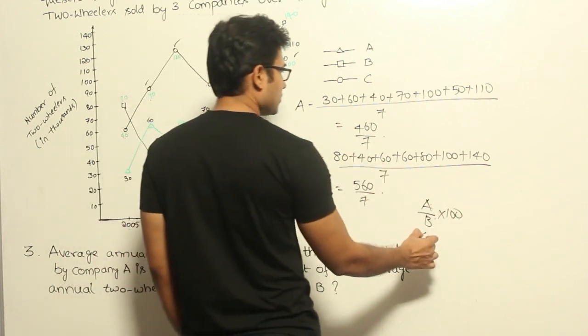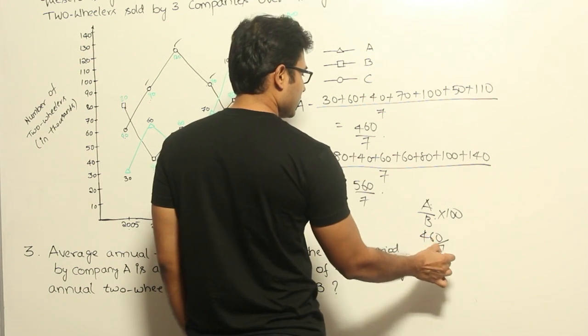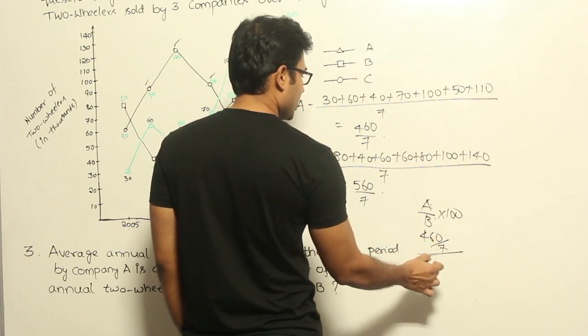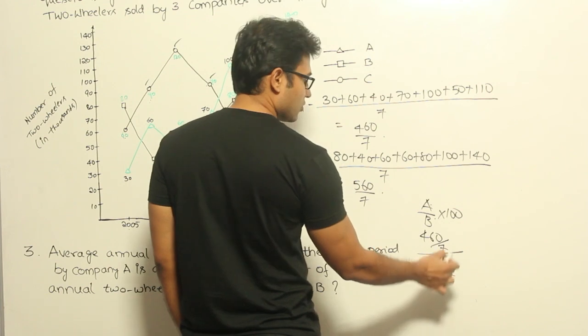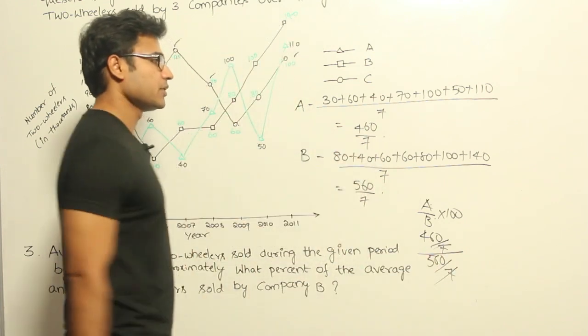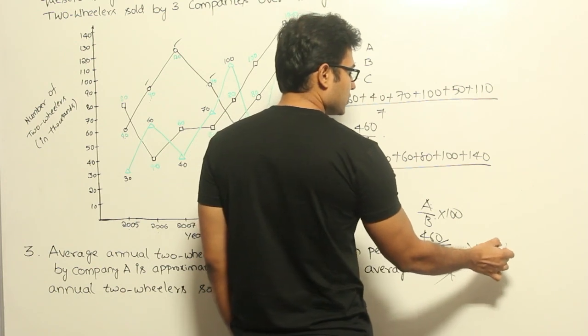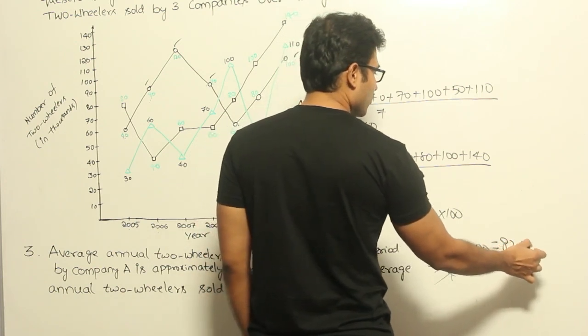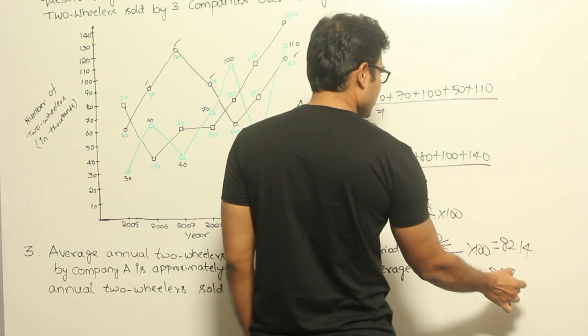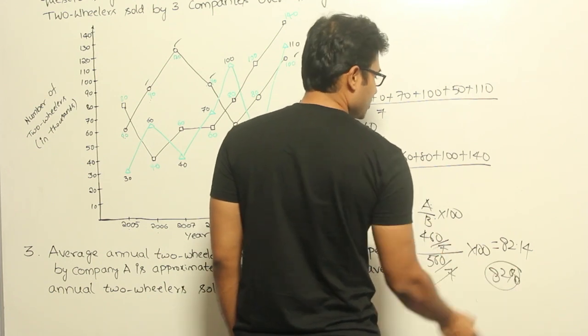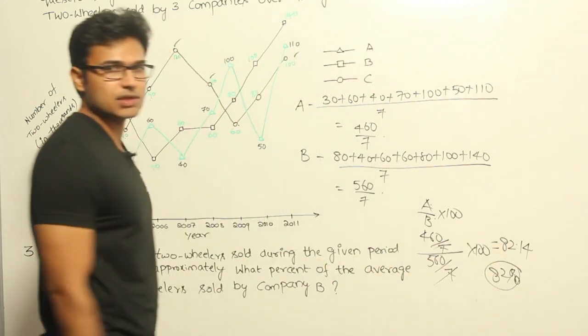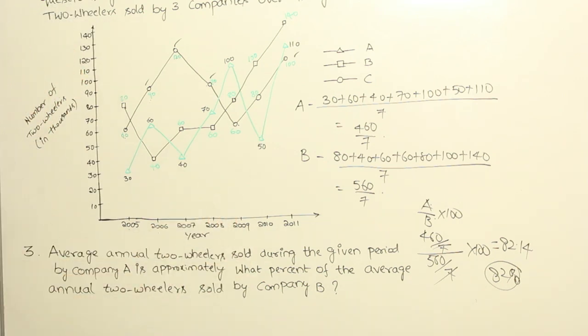Now if I write this, it is going to be 460 by 7 divided by 560 by 7, into 100. Anyway, the 7s are going to get cancelled out, that is why we are not computing here, right? Now this number is going to be 82.14. So it is 82% approximately. According to the options, you can go with it. The exact number is 82.14. Now look at the options and go with it. So it is 82%. Okay.